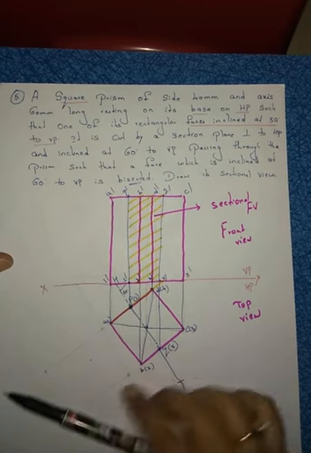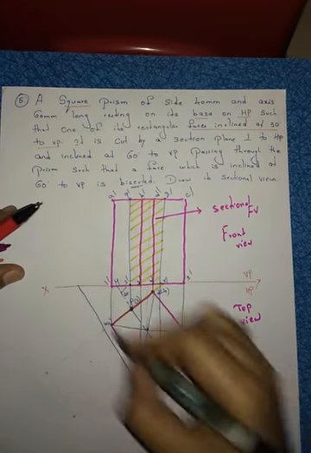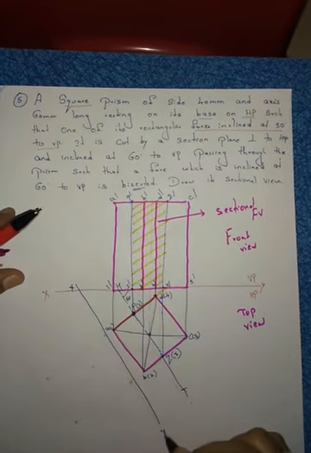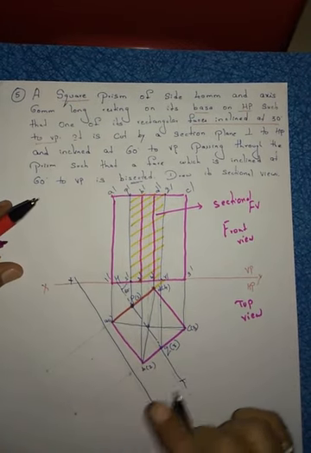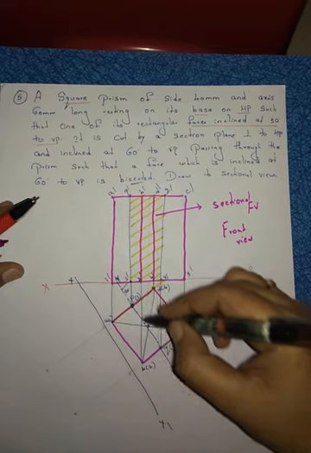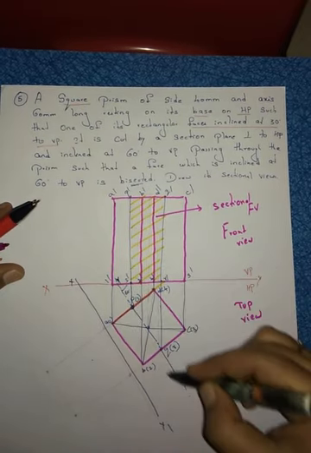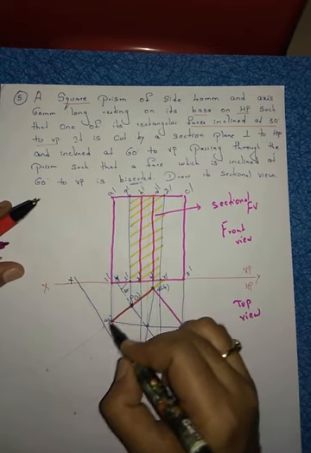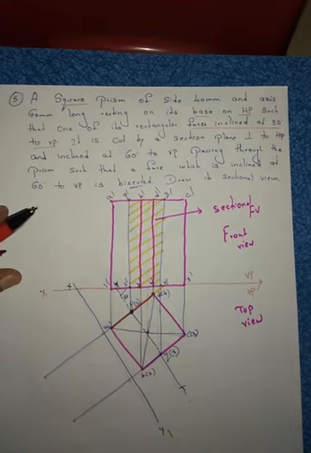Just move the scale, whatever the distance, and draw another reference line, name it X1 Y1, parallel. After that, place your protractor on this sectional plane. From P, mark 90 degrees. From Q, mark here 90 degrees.